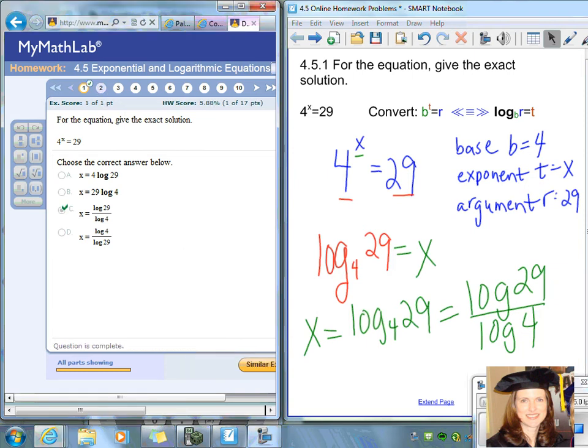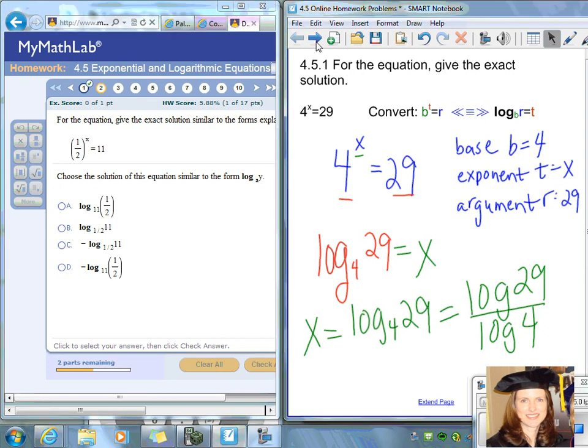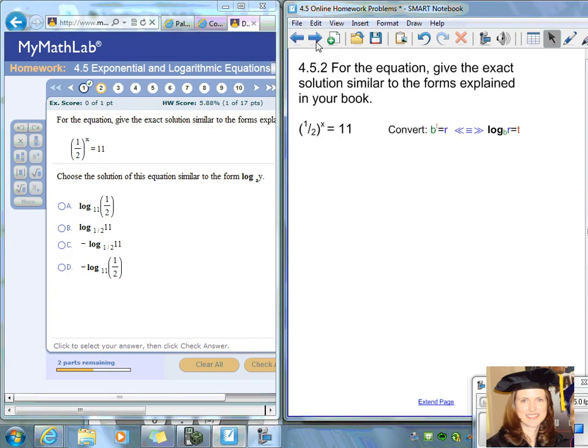Okay, let's look at now number 2. Similar type problem. For the equation, give the exact solution similar to the forms explained in your book. We want to solve the equation 1/2 to the x power equals 11. This is written in exponential form.